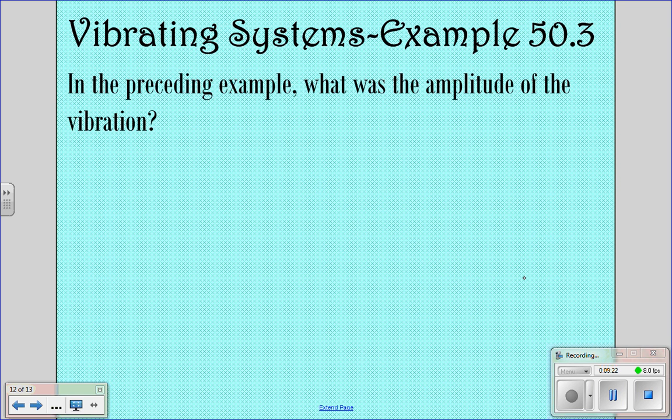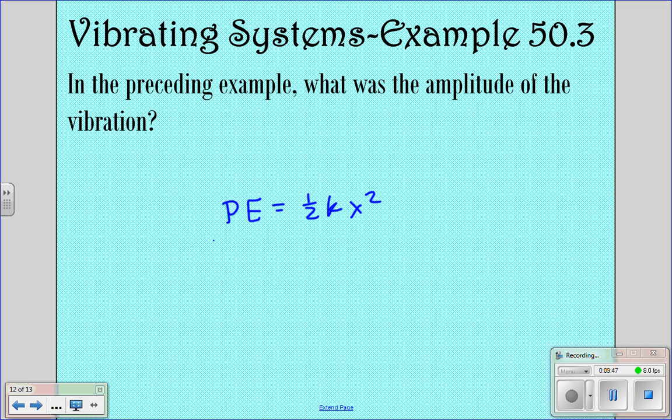Looking at the next example, it's talking about the last one. What was the amplitude of the vibration? The amplitude is the max distance of the object from its rest position. So when is all of the energy as the potential energy? So that would be when, like, what was the furthest it was stretched out. So 1/2 kx squared.